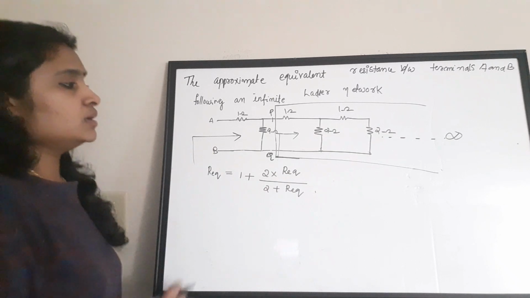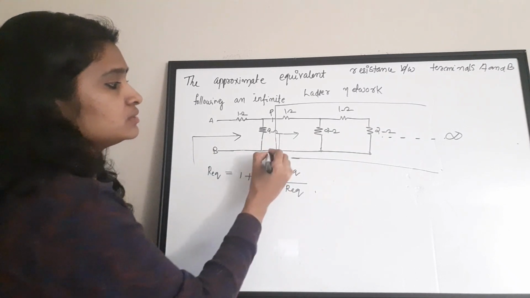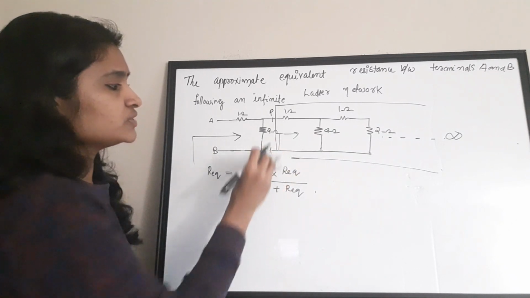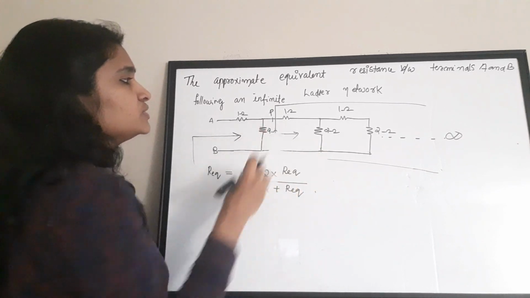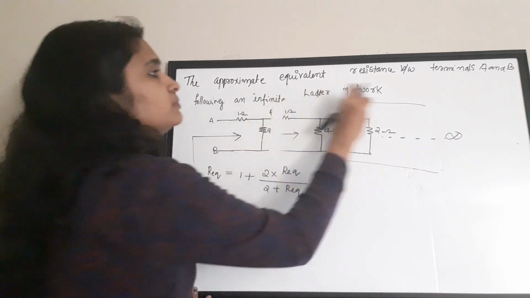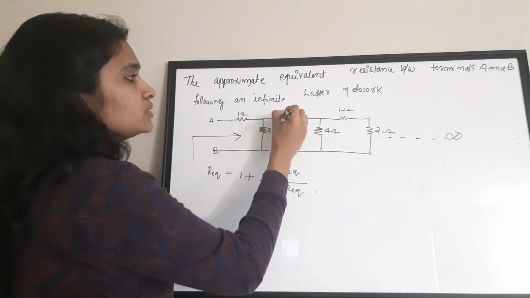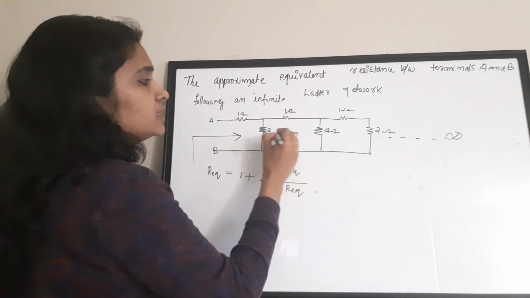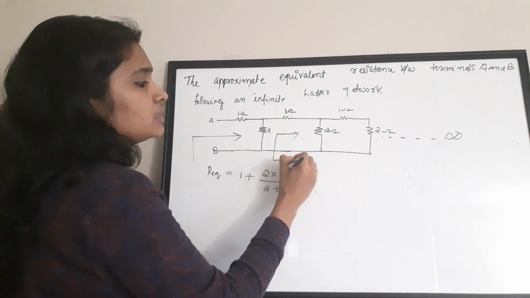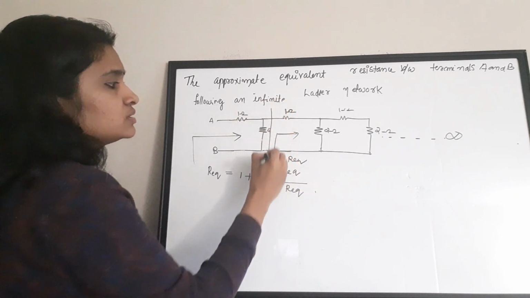Okay. Now let us move on to the calculation of this question. I will remove this and keep it the same. We don't need B or anything here. Just know that this is again Req itself. This much.